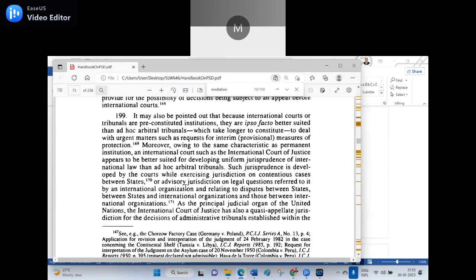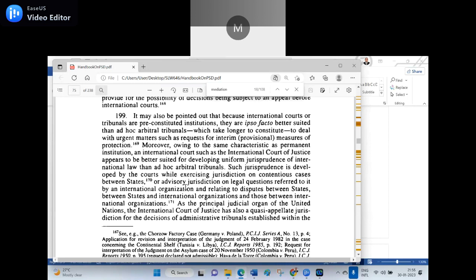There is also advisory jurisdiction on a legal question referred to it by an international organization relating to a dispute between states. So the ICJ not only gives decisions between states resolving international disputes, it can also give advisory opinions when such a legal question arises between states, between states and international organizations, or between international organizations, and thus settlement of the dispute could be done by the adjudicating or judicial bodies.